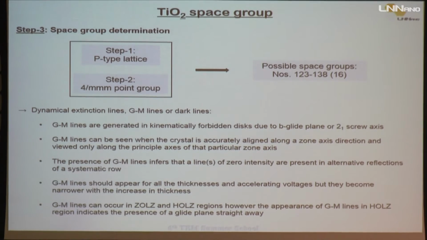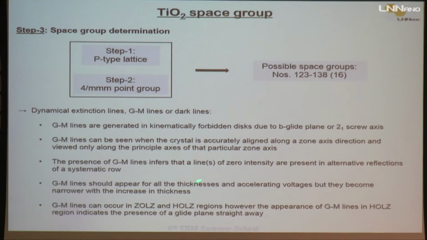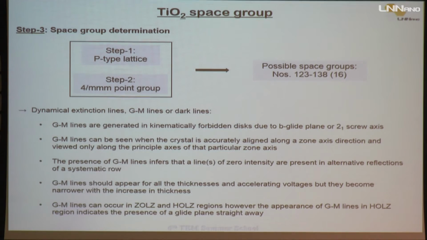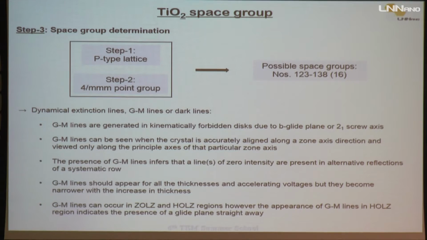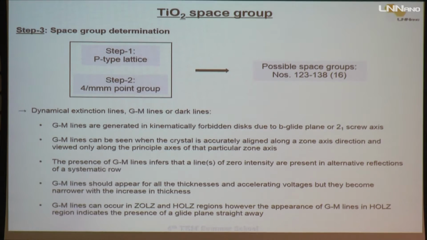Again, I'll show you how exactly the GM line appears. A GM line should appear for all thicknesses and for all voltages, and it becomes narrower if you increase the thickness. If you increase the thickness, the line of 0 intensity becomes much sharper. GM lines occur in the HOLZ lines region, and also HOLZ lines.